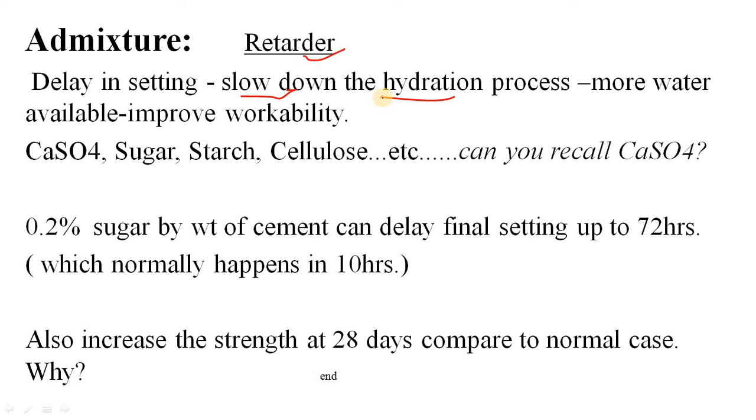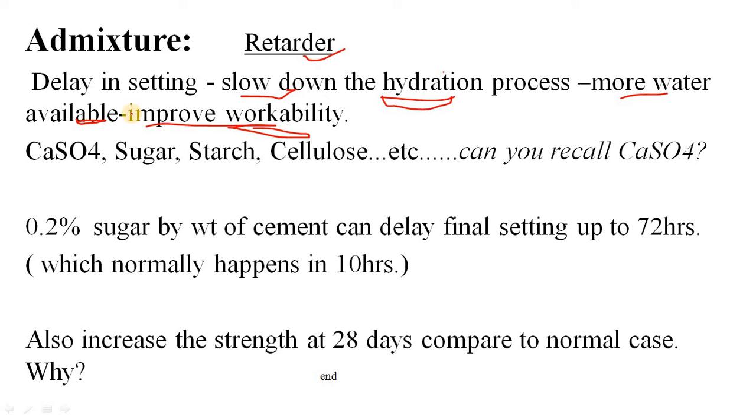If the hydration process is slow, obviously it takes less water from the concrete itself. That's why a slow hydration process means more water is available within the concrete, which in turn improves your workability.